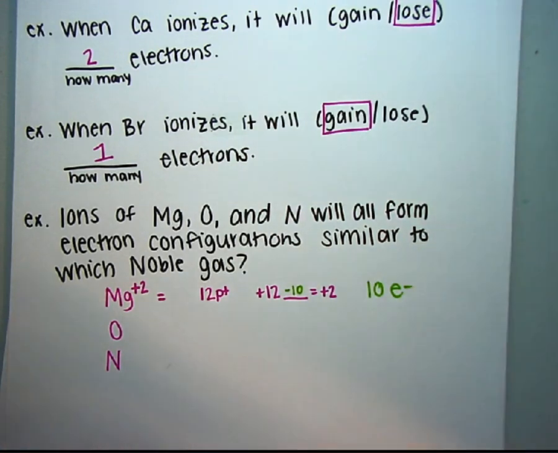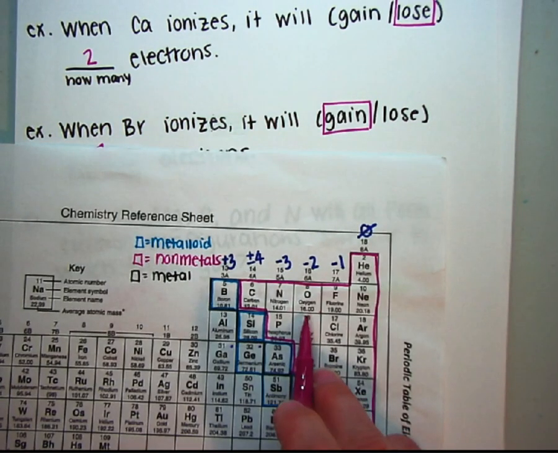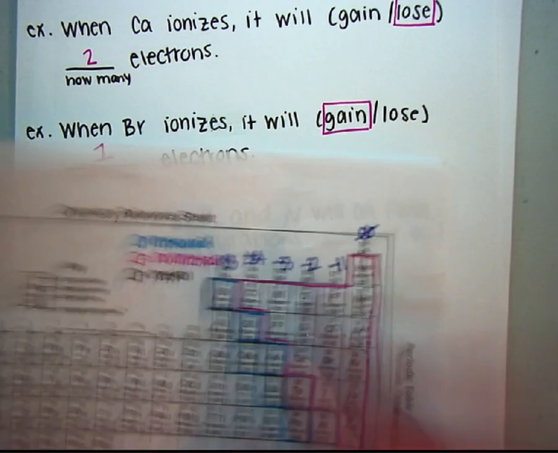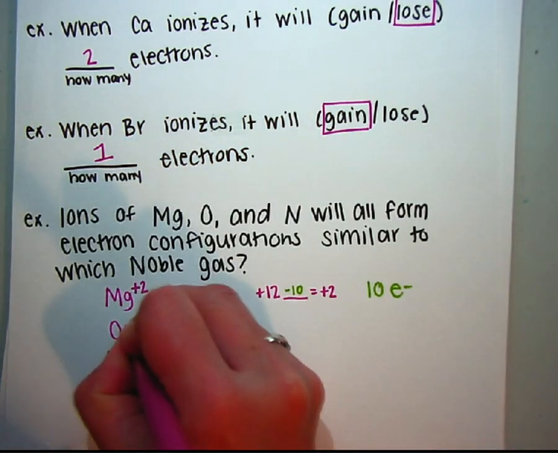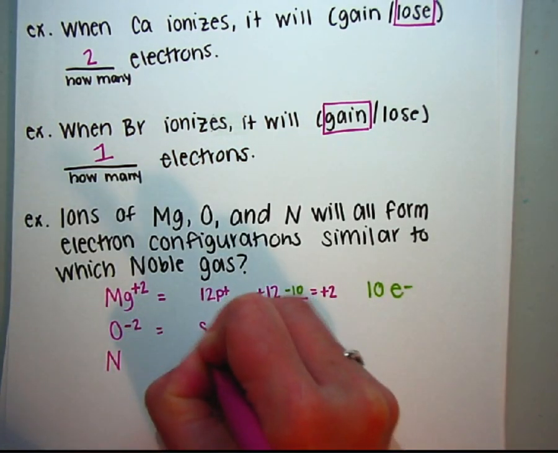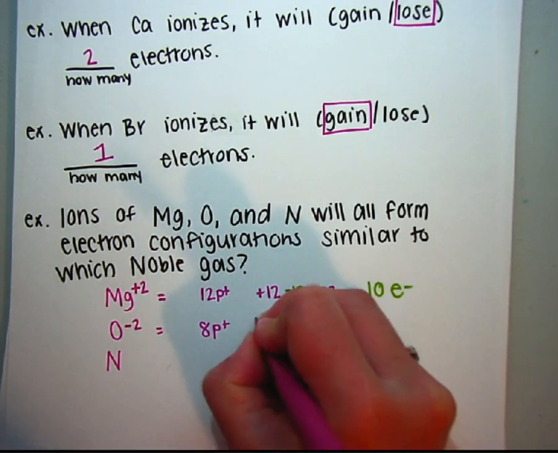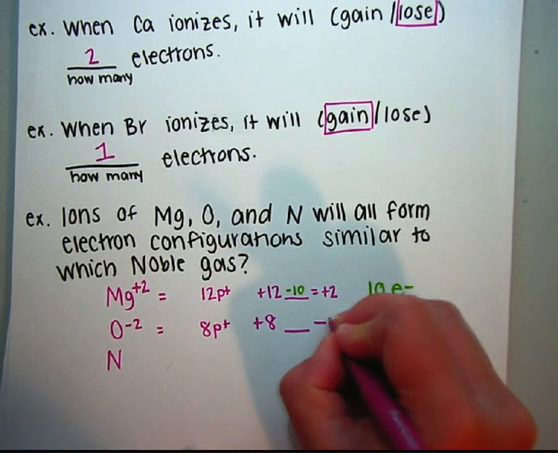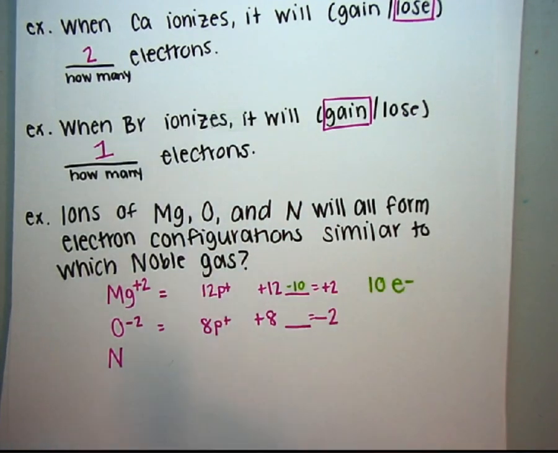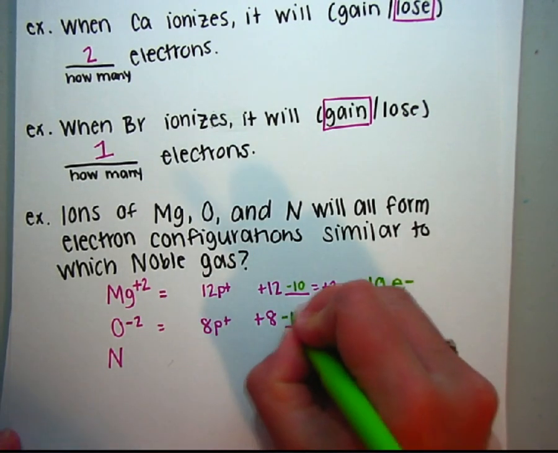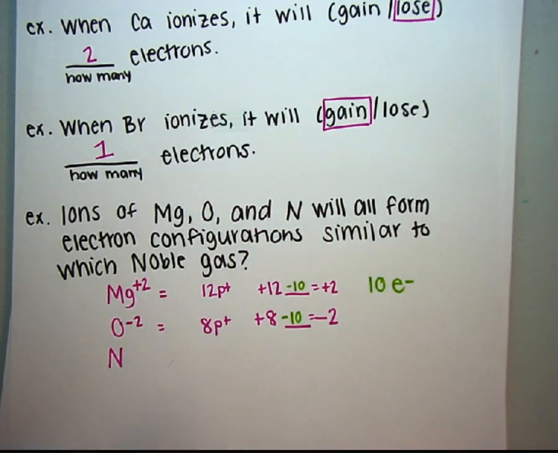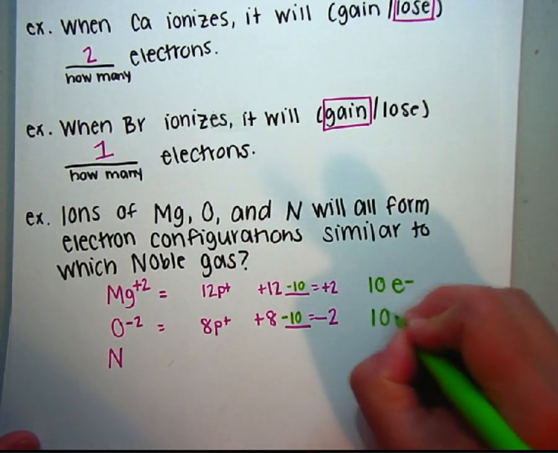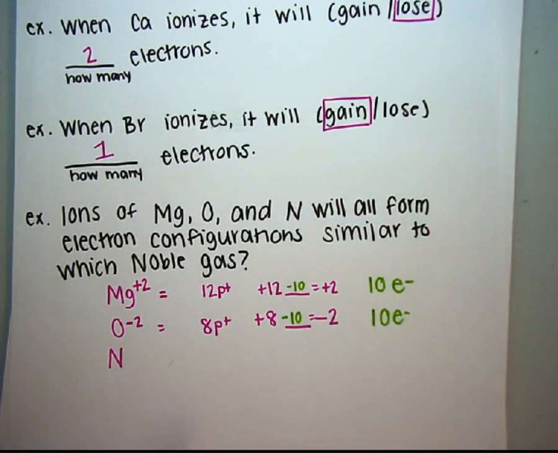Let's do the same thing with oxygen. Oxygen will form an ion with a charge of -2. Oxygen is atomic number 8, so it has 8 protons. Protons are positive, so I have 8 positives, and I have to get to a charge of -2. Again, solve for x. 8 minus 10 equals -2. Oxygen also has 10 electrons. Let's just double check with nitrogen to be sure.